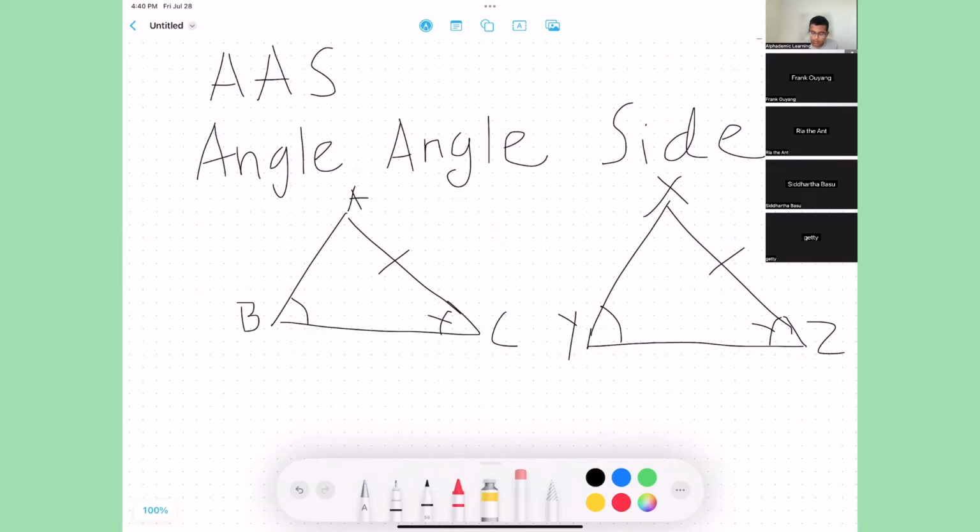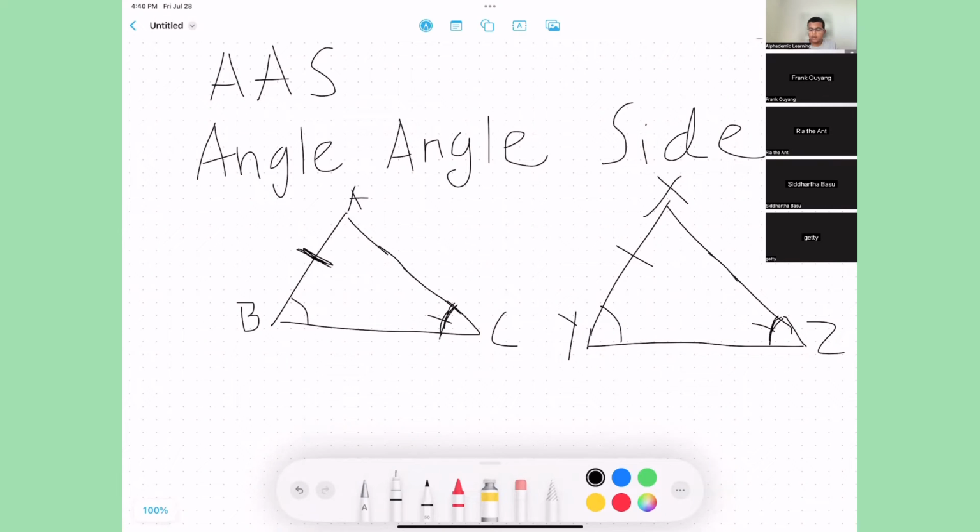This is symmetric, by the way. If instead of AC and XZ, I said that AB and XY are equal, same thing. Angle angle side would hold as long as this side is opposite to one of the corresponding equal angles, like angle ACB.